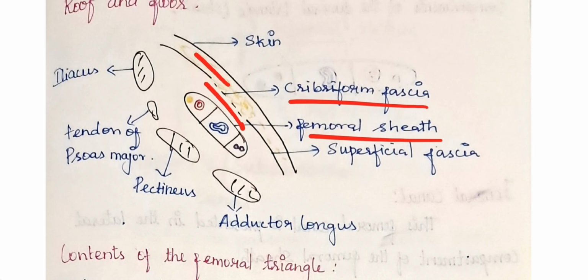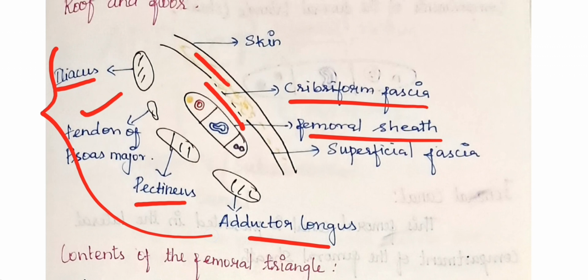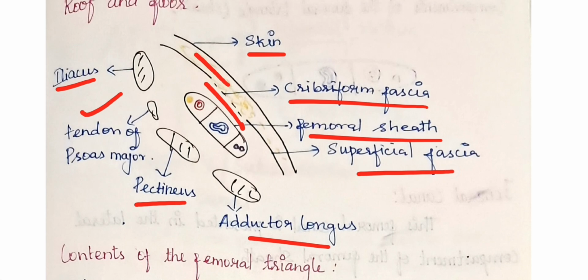The floor muscles are iliacus, tendon of psoas major, pectineus and adductor longus. Whereas the roof is skin, superficial fascia, cribriform fascia and femoral sheath.